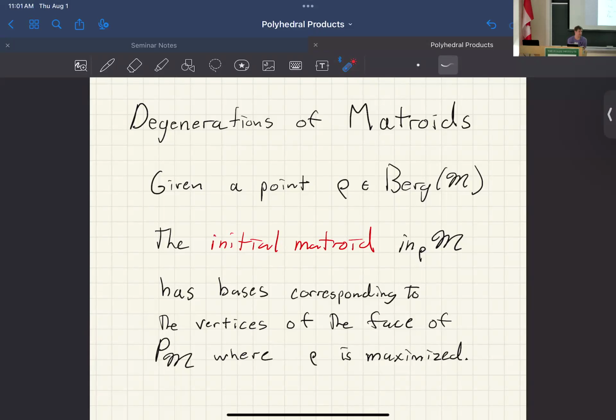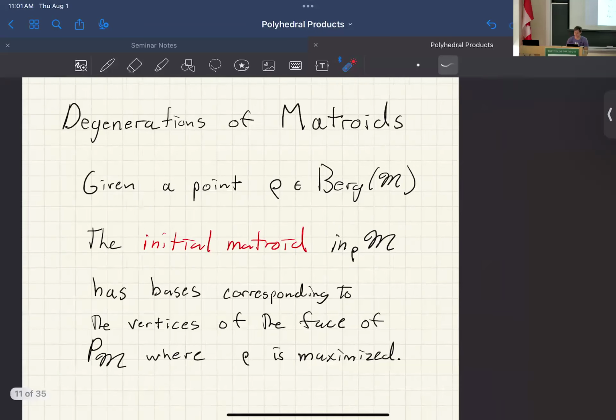What you do is very linear optimization. You take that direction and you look at the face of the matroid polytope which maximizes that direction. The vertices of that face will then form a basis exchange system, so a matroid. And that's the initial matroid.